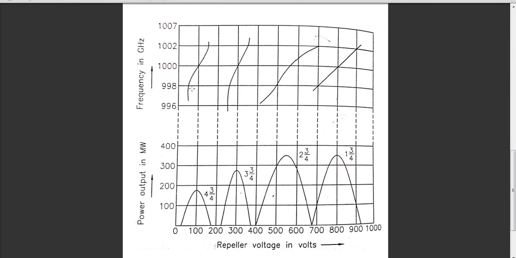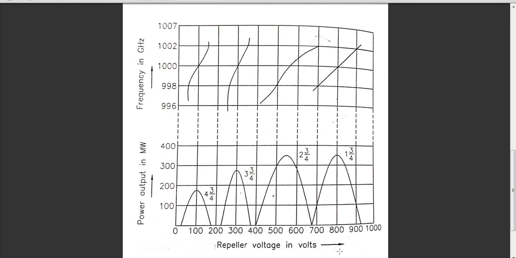This amounts to electronic tuning of the reflex klystron, and this is also depicted in this figure. This makes it possible to use the reflex klystron as a voltage tuned oscillator or for frequency modulated oscillations.